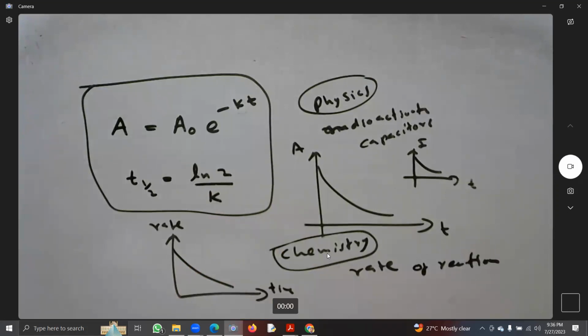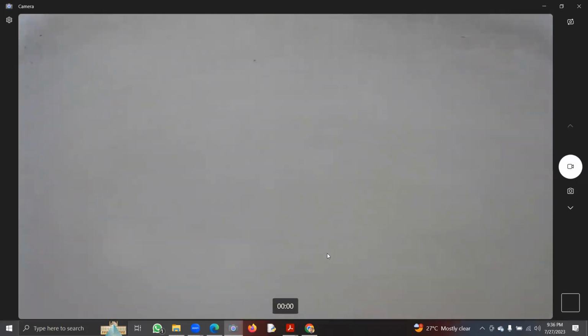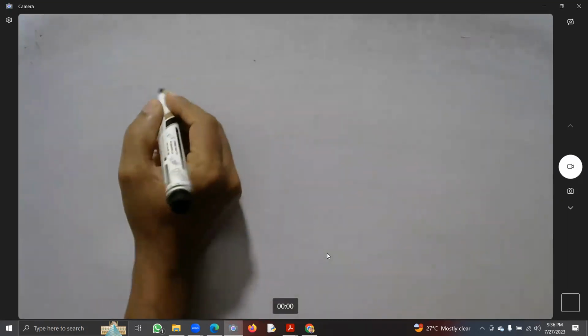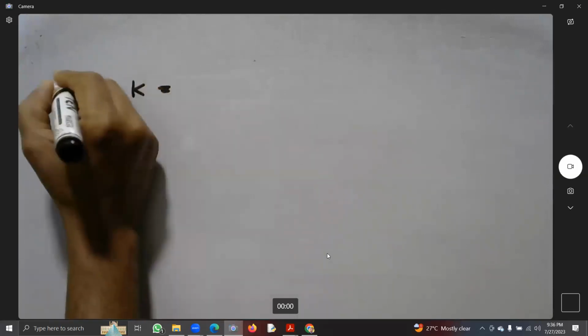So we're done. I start with something you are familiar with, radioactivity. First, I'm giving you K, the rate constant. Now, this is in A level only. We use this rate constant in radioactivity.